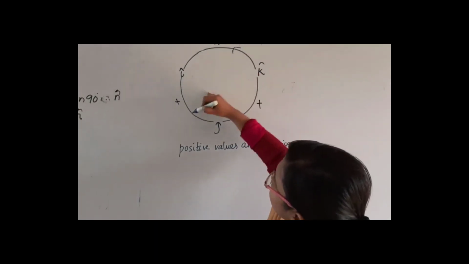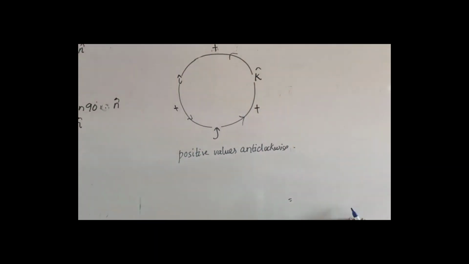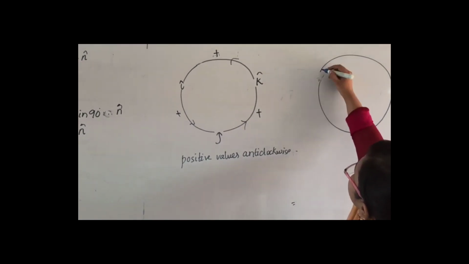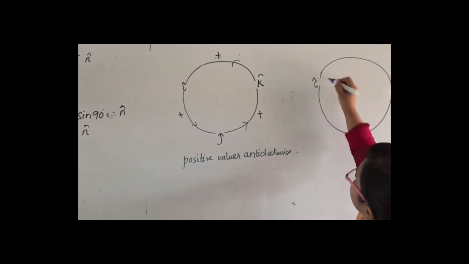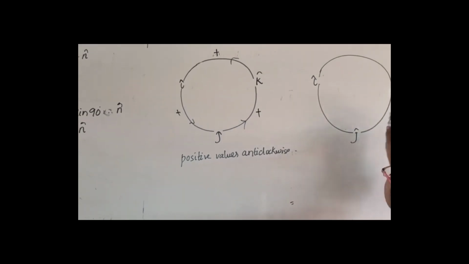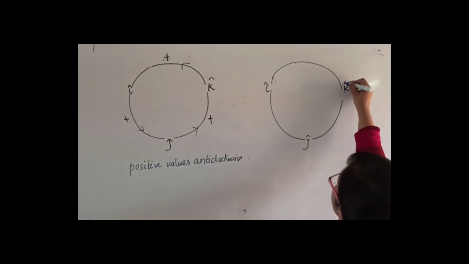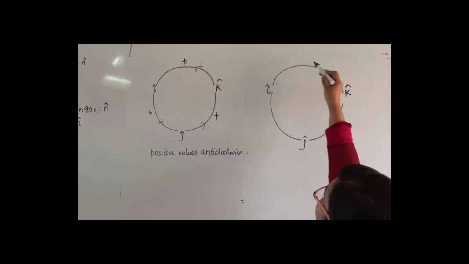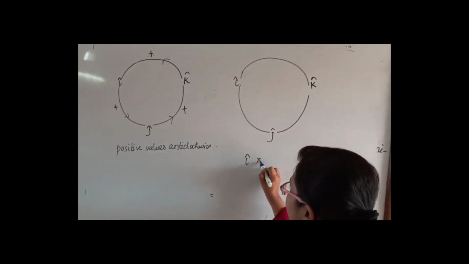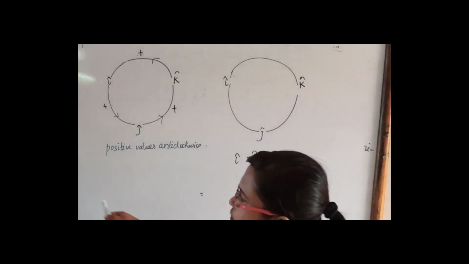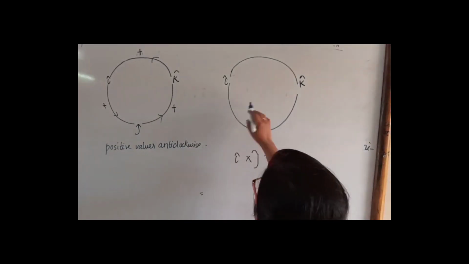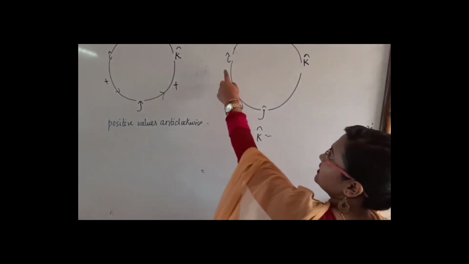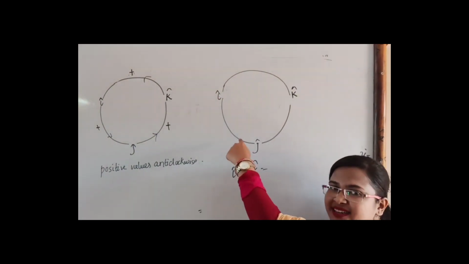What if I go in a clockwise direction? Similarly, again I am writing i cap, j cap, k cap. Clear? What if I do i cross k cap? I cross k cap will give us minus j cap.